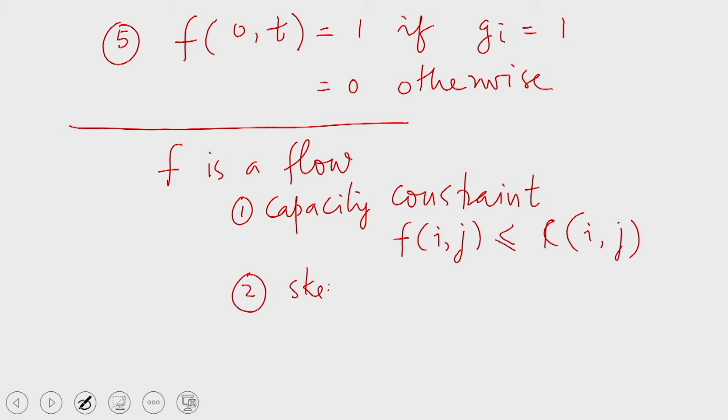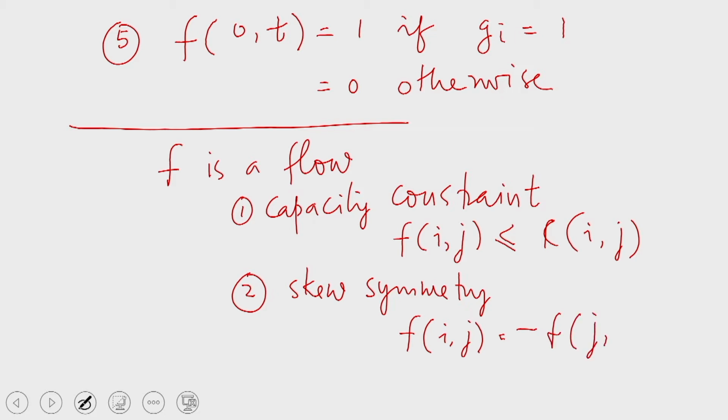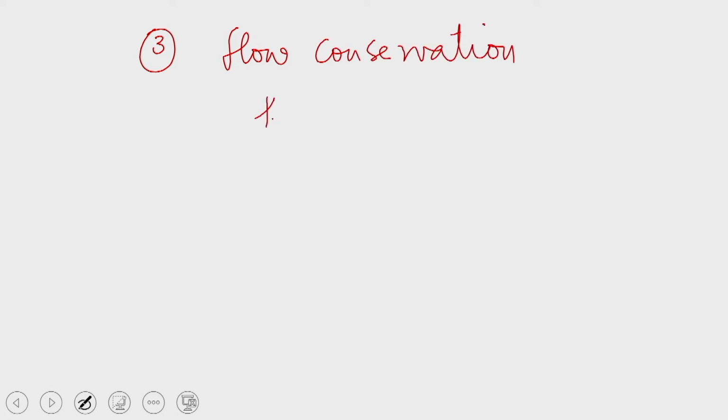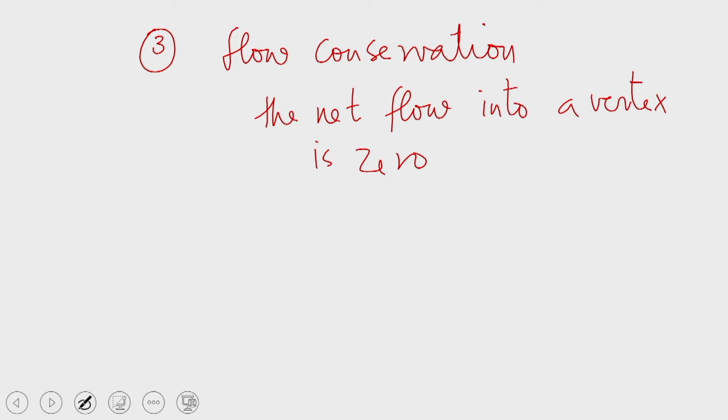Then the requirement is that of skew symmetry, which says that the flow from I to j is the negative of the flow from j to I. And finally, the third condition is that of flow conservation. That is the net flow into a vertex. So when these conditions are satisfied, we say that f is a flow.